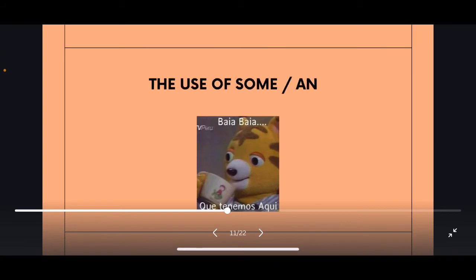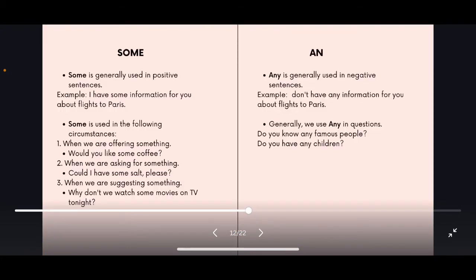Now, the use of some and any. Some is generally used in positive sentences, as I said before. For example, I have some information for you about flights to Paris, okay? But some is also used in the following circumstances.